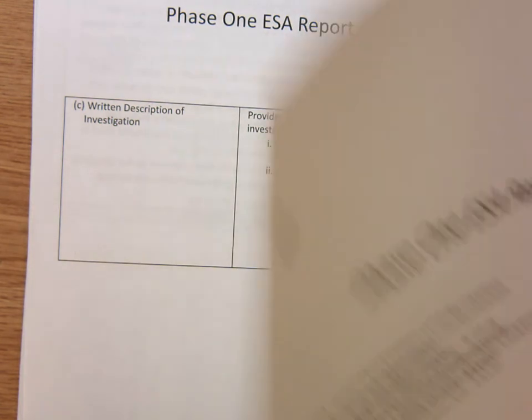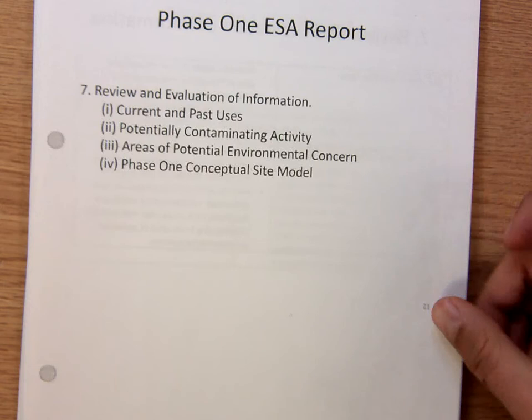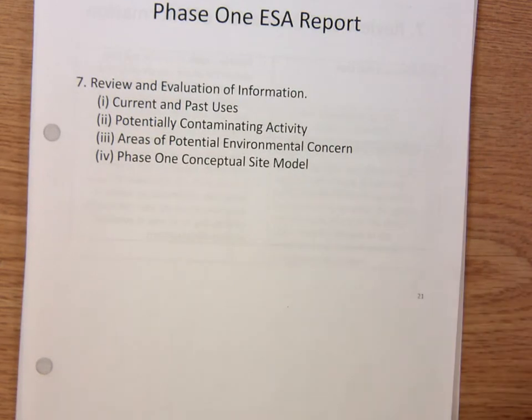Number 7 in your outline for your phase 1 environmental site assessment report is the review and evaluation of information. This is, of course, the core part of your environmental site assessment report, because here you basically look at all the information that you've gathered, and based on that you try to evaluate the information.